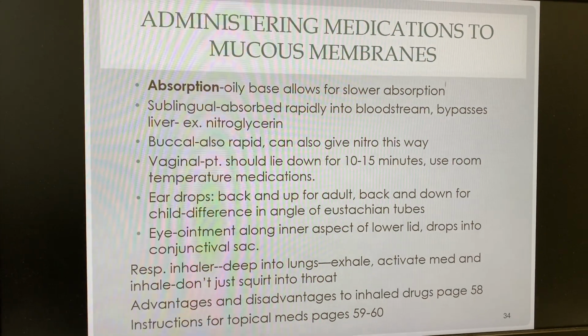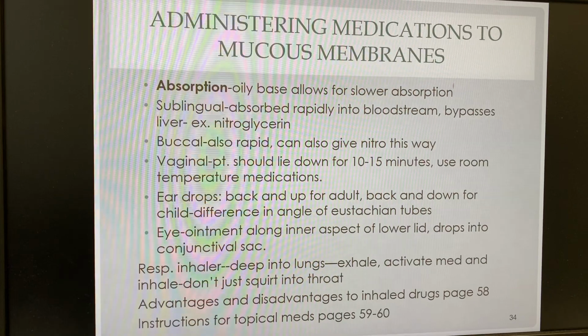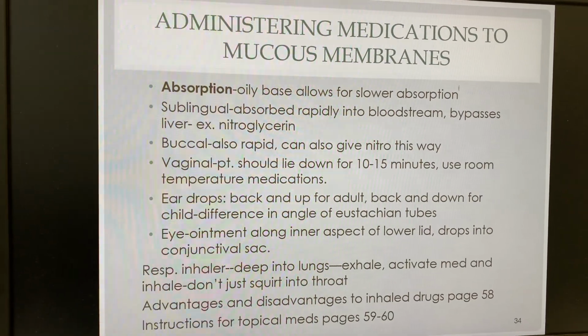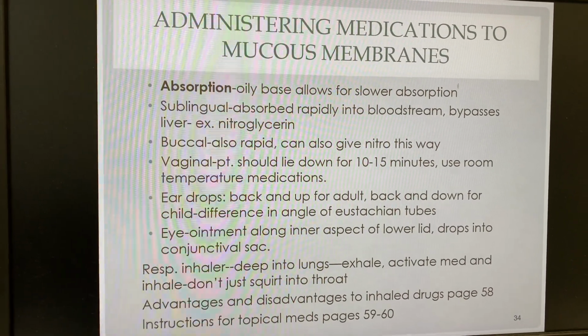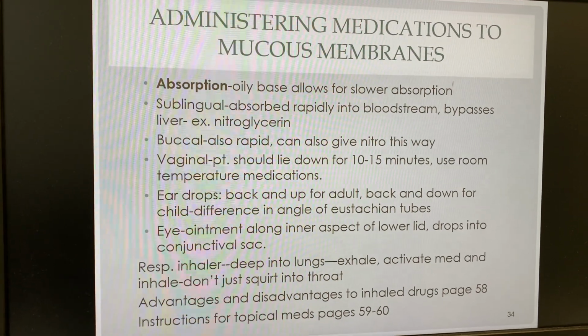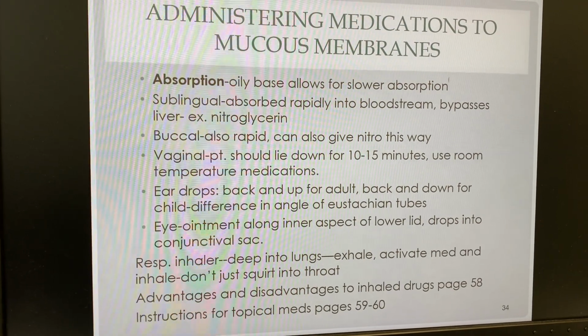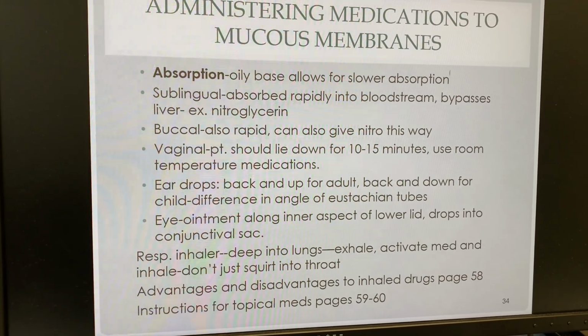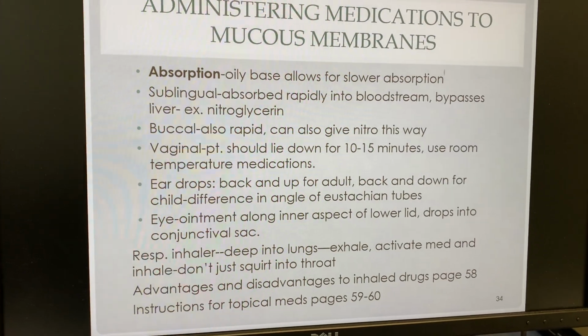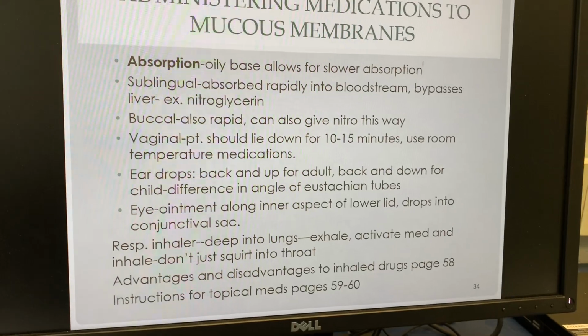For eye ointment, you're going to not touch the tip of the container against the eye, but just squirt the ointment along the inner aspect of the lower lid. If you're giving drops, you have the patient tilt their head back and drop into the conjunctival sac, not on the eye itself.